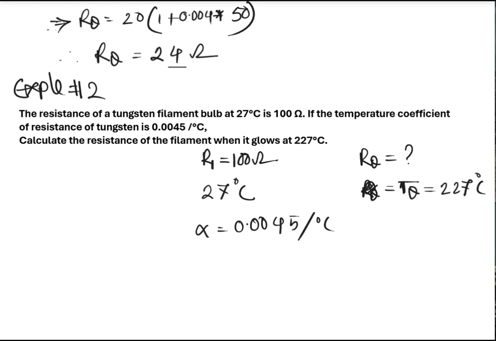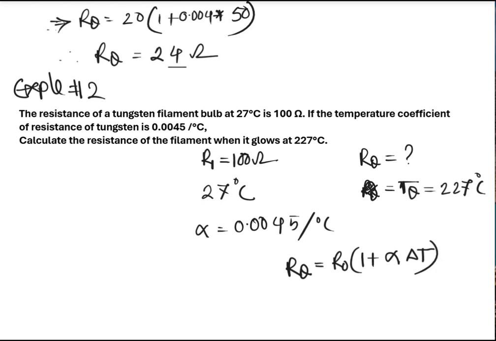But the equation we have to solve is R theta is equal to R naught (1 plus alpha del T), right? So what exactly is R naught?